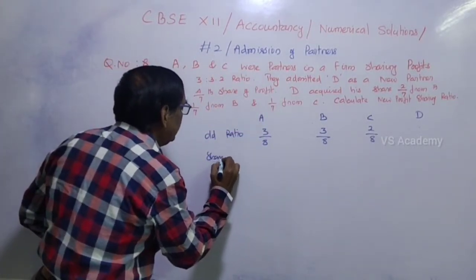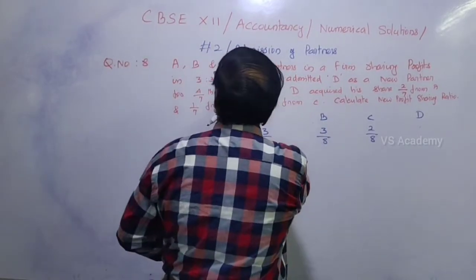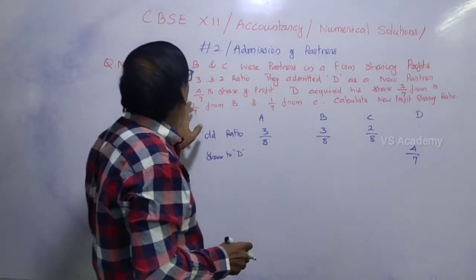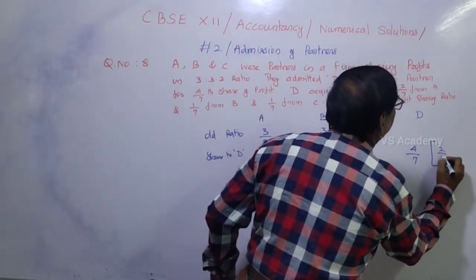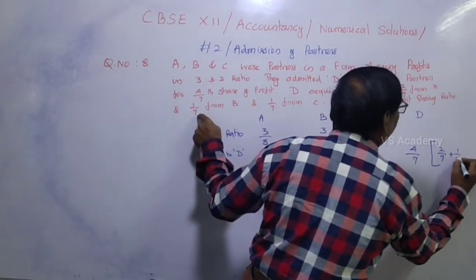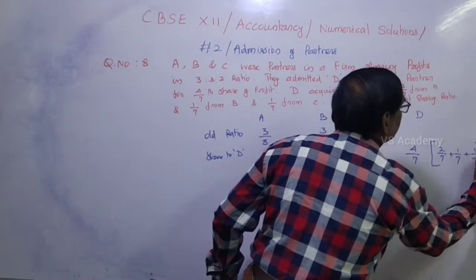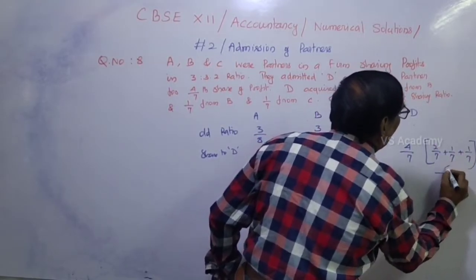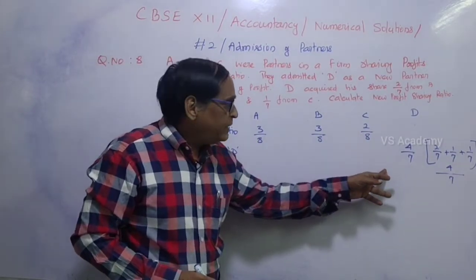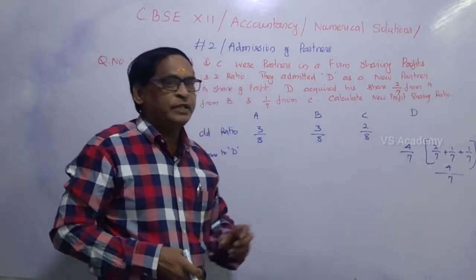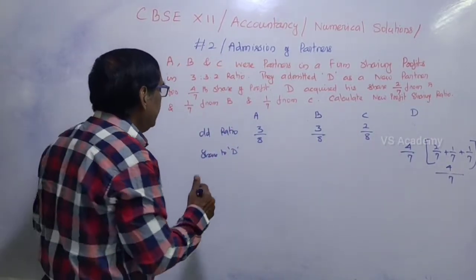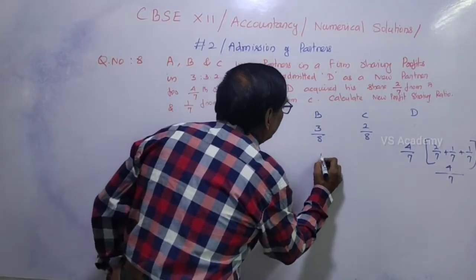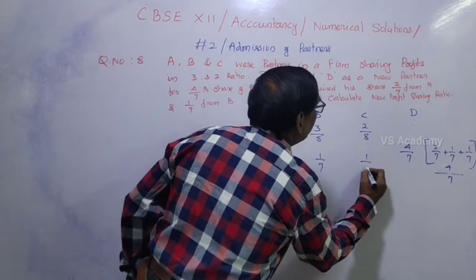The share given to D is 4/7. This portion 4/7 D acquires from 2/7 from A, 1/7 from B, and 1/7 from C. So the sacrifice: A has to sacrifice 2/7, B has to sacrifice 1/7, C has to sacrifice 1/7.